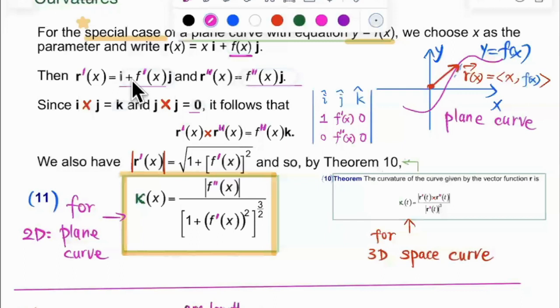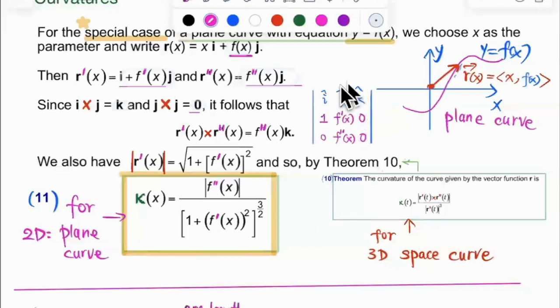And then what happened to this one? Because j cross j is going to be the 0 vector, we get 0. So the result here will be f double prime of x in the k direction.